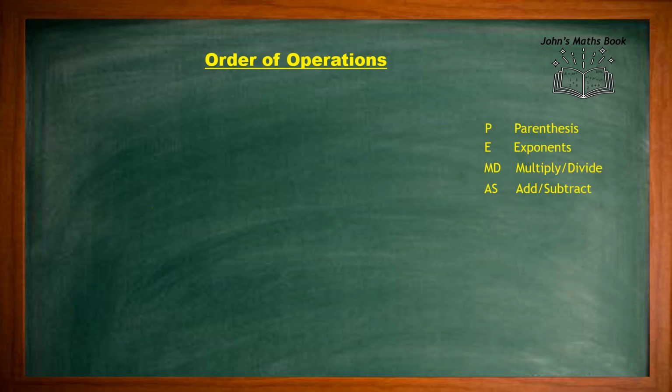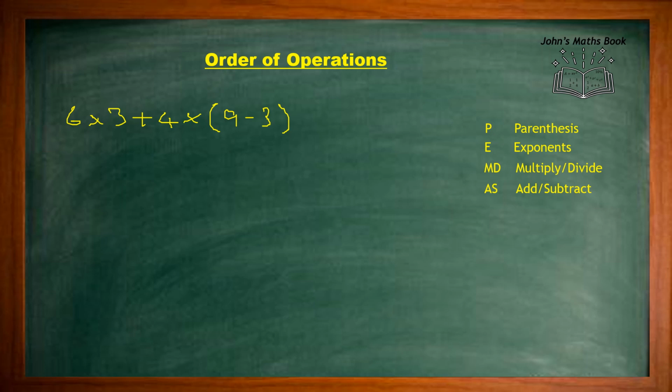So let's have a look at another example. It's a little more complicated than the previous one. So let's do 6 times 3 plus 4 times, and then we have a bracket: 9 minus 3, end bracket. So in this one, we have brackets. We know that the brackets or the parentheses come first when we work from left to right.